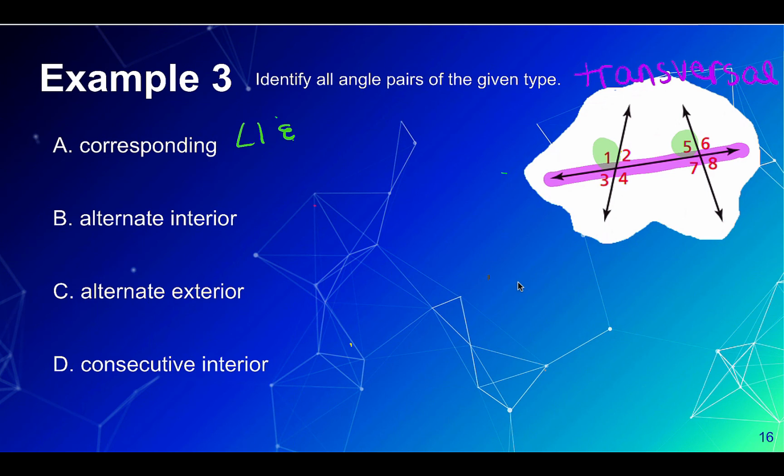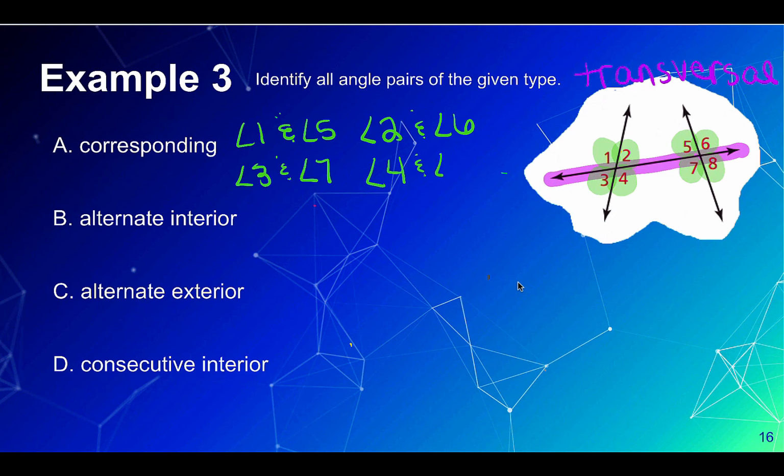The next set, 2 and 6, are on the right side of the lines, top of the transversal. 3 and 7, bottom of the transversal, left of the two lines. 4 and 8, bottom of transversal, right of the lines.